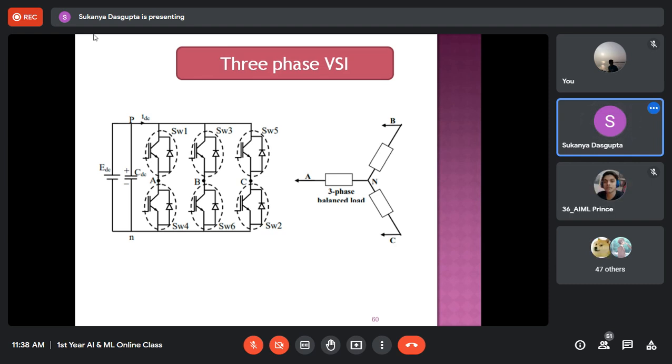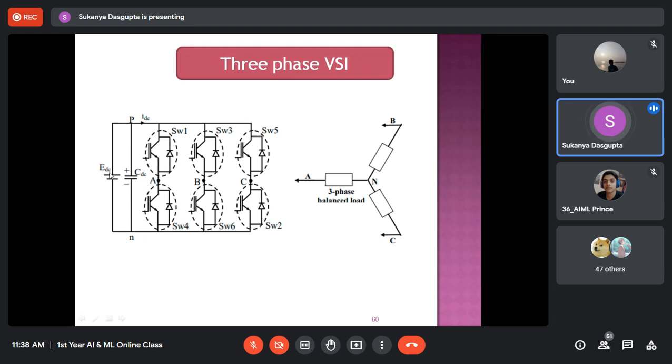In this diagram, capital A, B, C are the three phases or the output AC lines that you need to connect with any three-phase load. It may be a resistive load, maybe an RL type load. Here the load circuit has not been drawn.